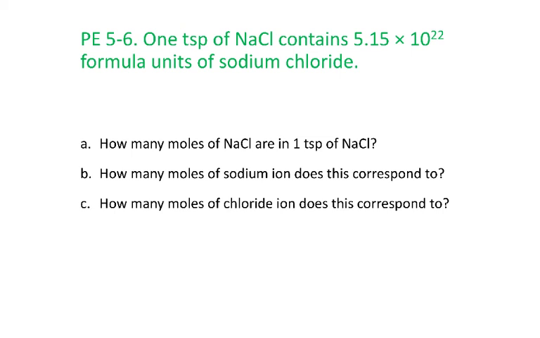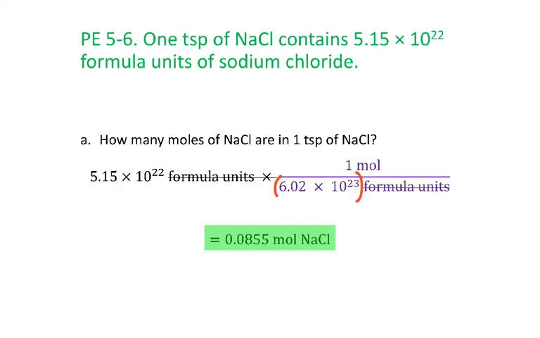Now the next question is how many moles of sodium ions does this correspond to? All right, so we know how much sodium chloride we have. How many sodium ions? Okay, so this is actually introducing a new idea, which is sodium chloride. Well, it's not new, but we're going to think of it in a new way. Each compound of sodium chloride, NaCl, has one sodium, right?